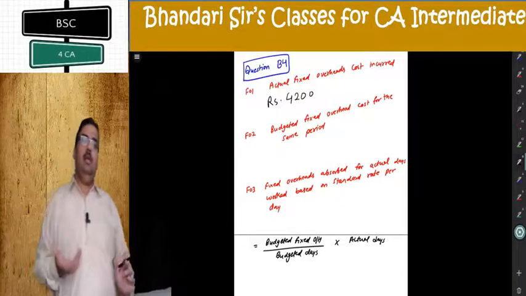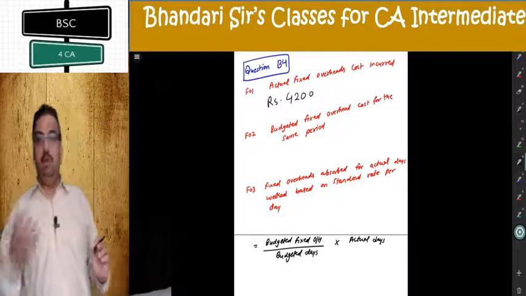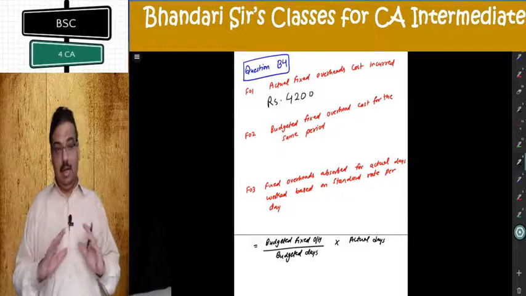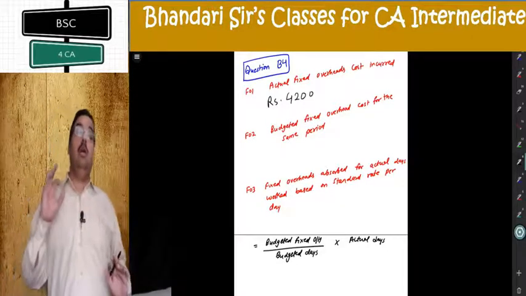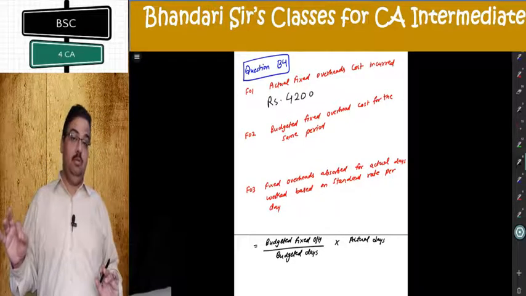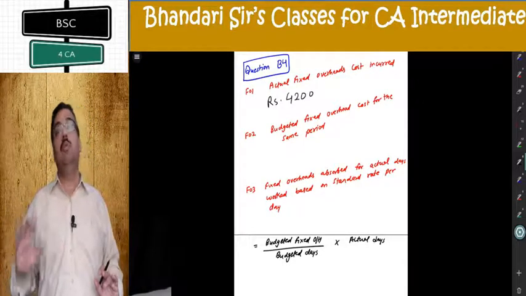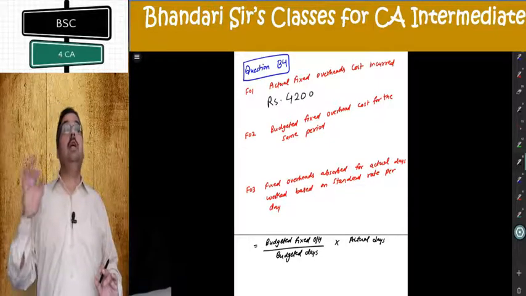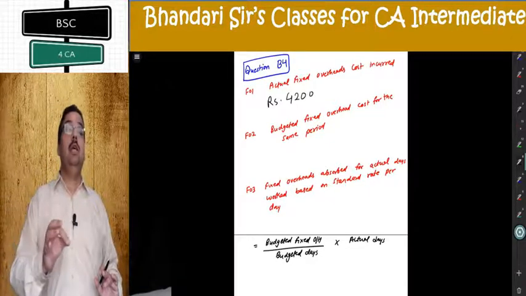Now concentrate here, budgeted fixed overhead for the month is not directly given. How can you compute it? Budgeted units into budgeted rate per unit. Budgeted rate per unit is not known at the moment. Budgeted hours into budgeted rate per hour. Yes, they are given.